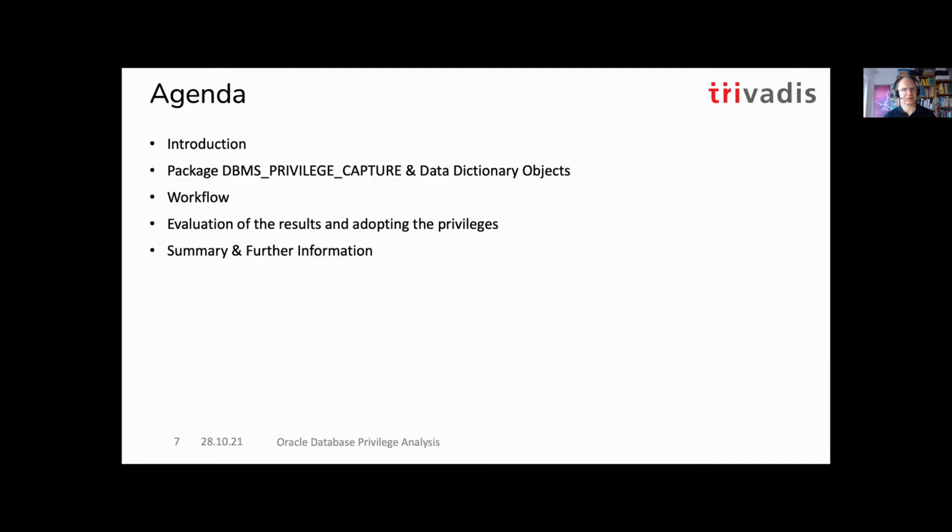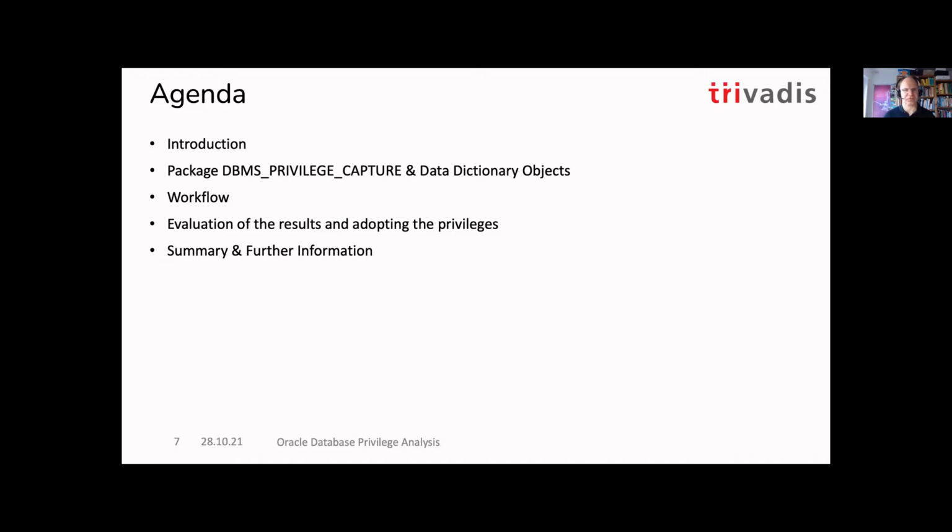So what's on the agenda today? Of course, we start with a short introduction. Then we'll take a look at the tools which are delivered by Oracle for privilege analysis. There's a package and some additional data dictionary objects.